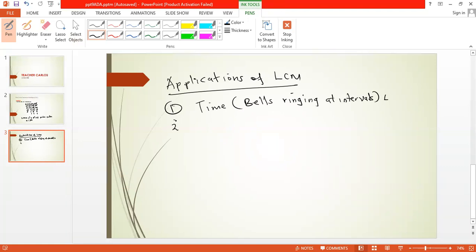Then number two, where you are told the lengths of given pieces of wood. That is another application of LCM.